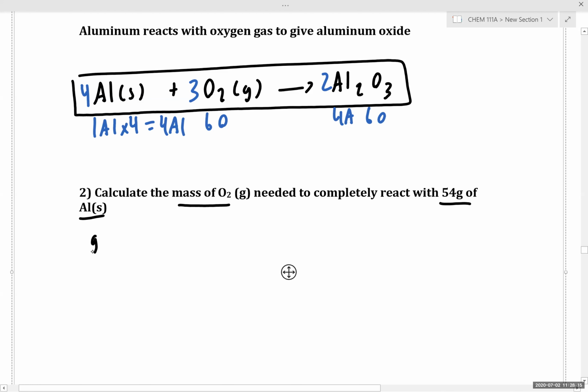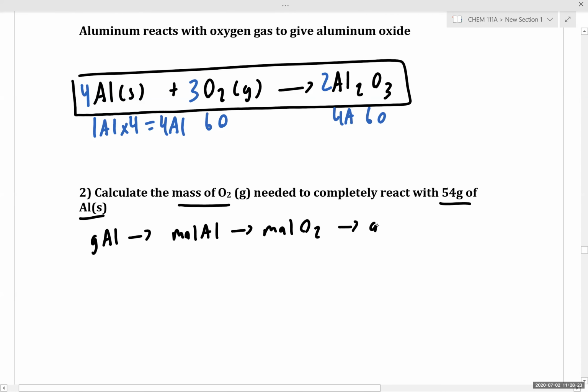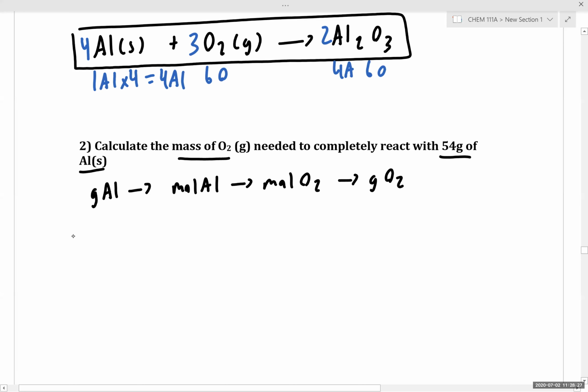So then we're going from grams of aluminum. Again, we're always going through moles. We're going to moles of aluminum, to moles of oxygen, to grams of oxygen. Okay, so starting with 54 grams of aluminum, we know that in 1 mole of aluminum, we have 27 grams.